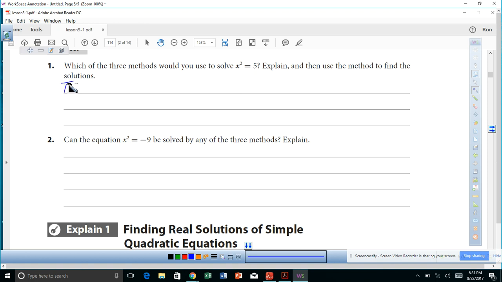Let's see. The graphing method would give only an approximate solution.